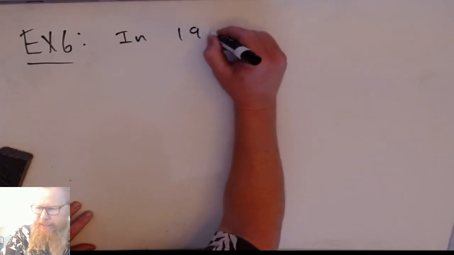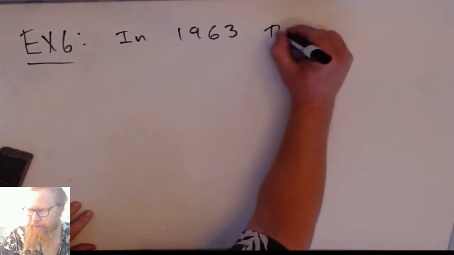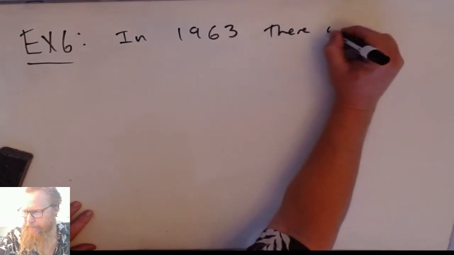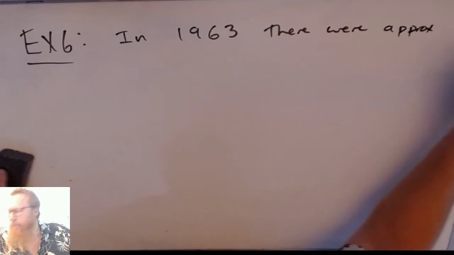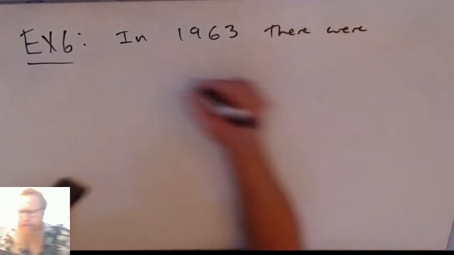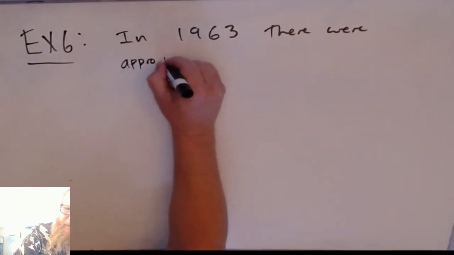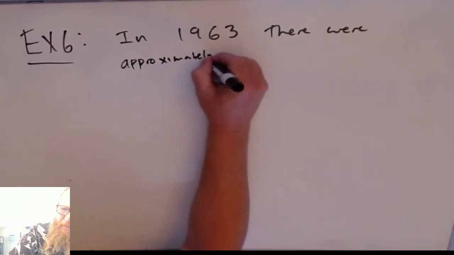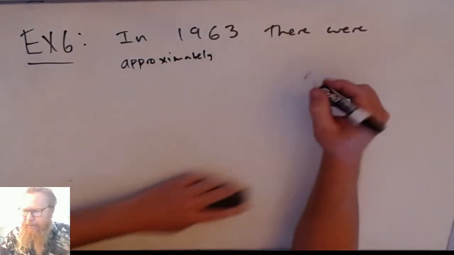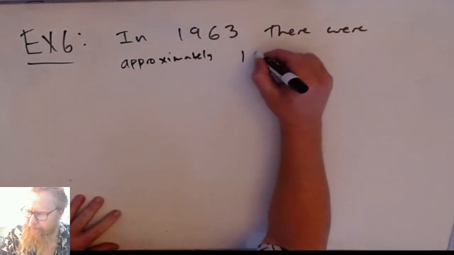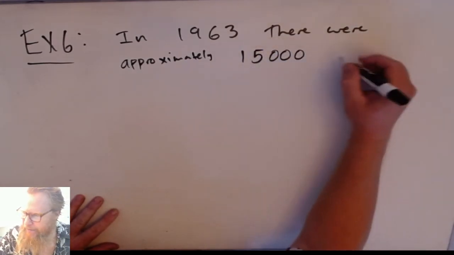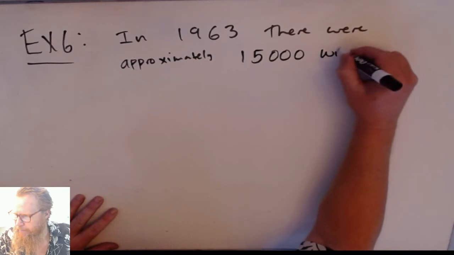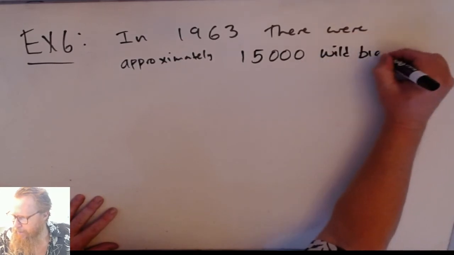In 1963, there were approximately 15,000 wild bighorn.